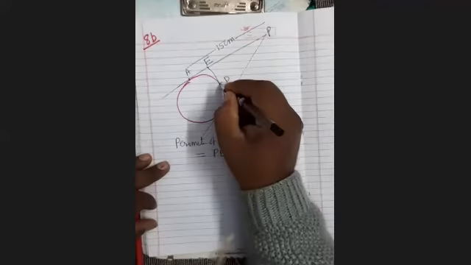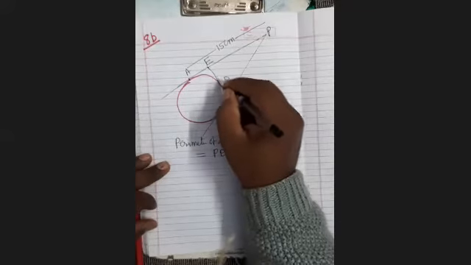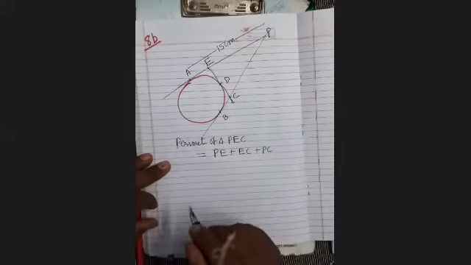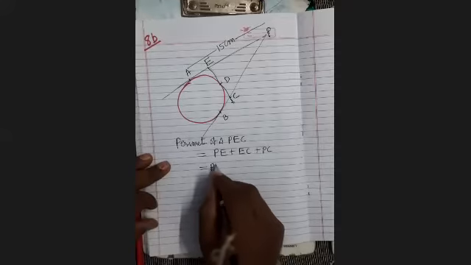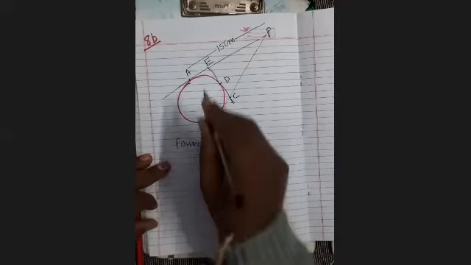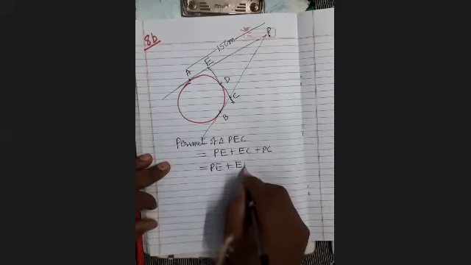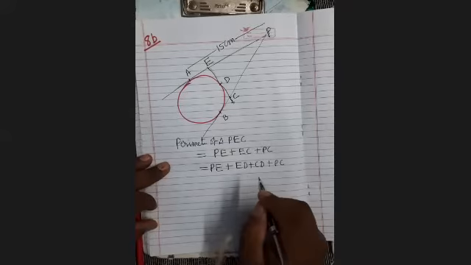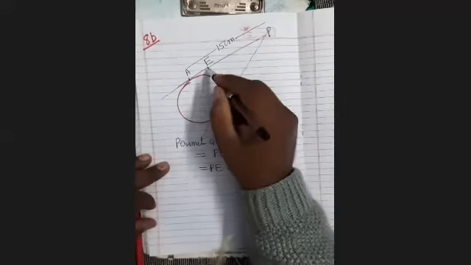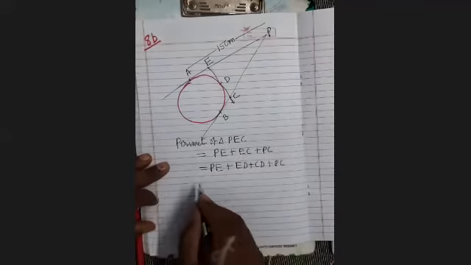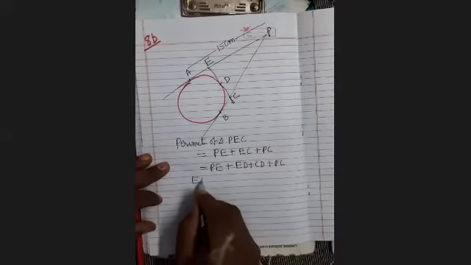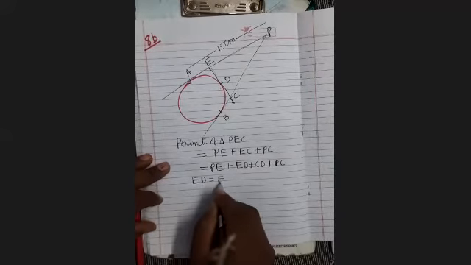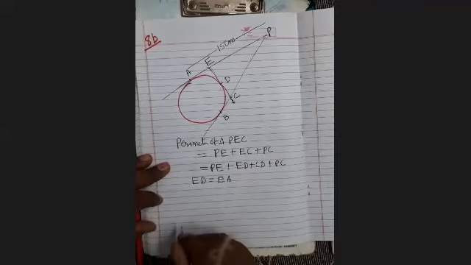Now EC you can write as ED plus CD. So PE plus ED plus CD plus PC. It's clear. Now ED will be equal to EA.